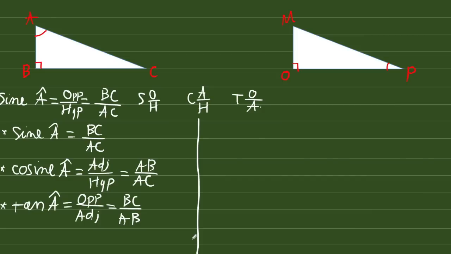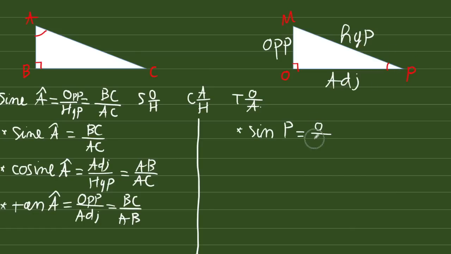For another example, triangle MOP, the right angle is at O, and the hypotenuse is this side. The opposite of this one is here, and the adjacent is this side. The chosen angle for this exercise is P. When you want to determine sine of P, it is opposite divided by hypotenuse.